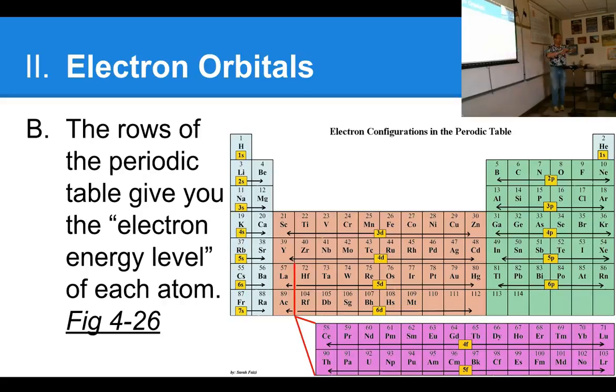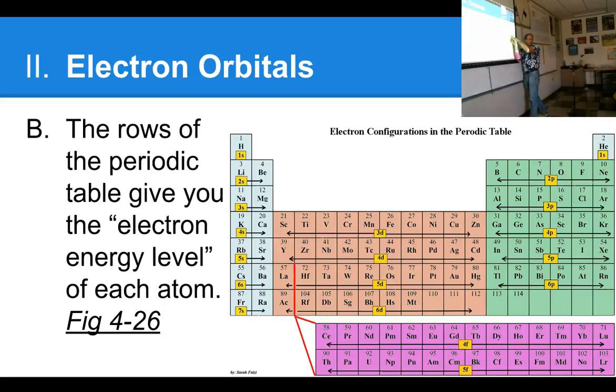So you can pick any element on the table. Pick sulfur. And I ask you what electron orbitals are present in sulfur. And you say, well, it has 1s, it has 2s, it has 2p, it has 3s, and it has 3p.